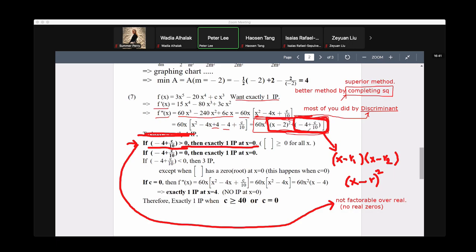So this guy will always be positive, in this case. Not factorable, no 0 there. And so now we only have an inflection point generated from this x right here, x to the first power. So therefore we have exactly one inflection point. That's the case.